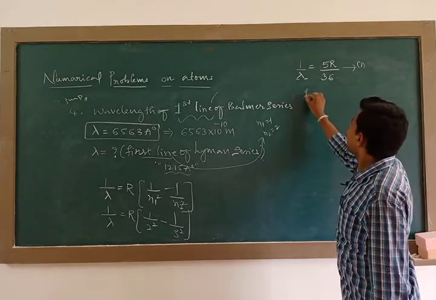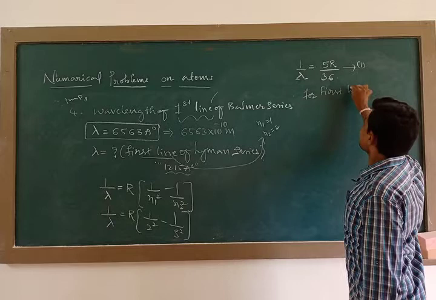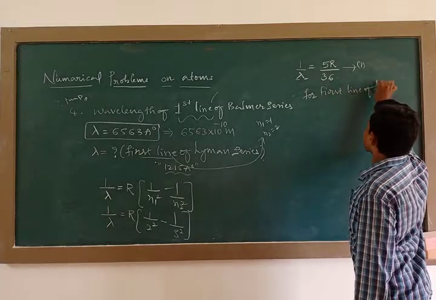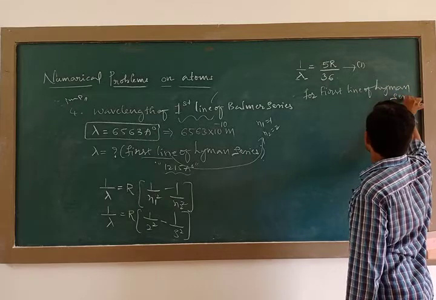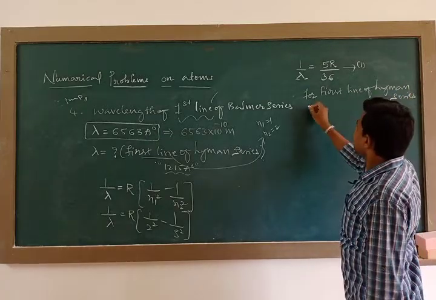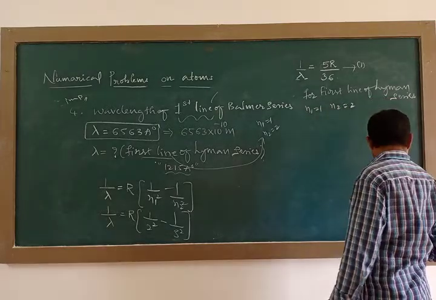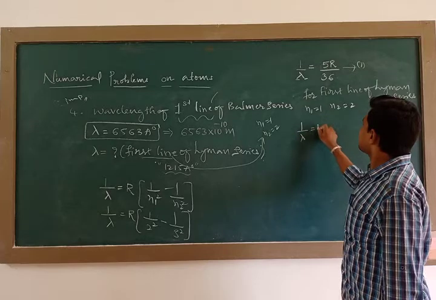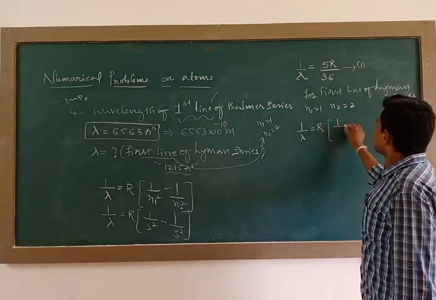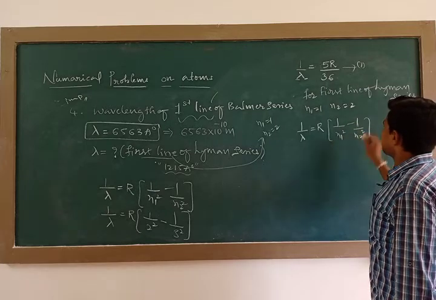Therefore, for the first line of the Lyman series, n1 is equal to 1, n2 is equal to 2. That is 1 by lambda is equal to R into 1 by n1 square minus 1 by n2 square.